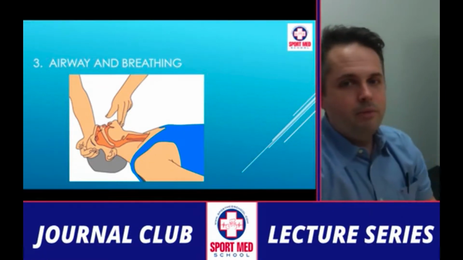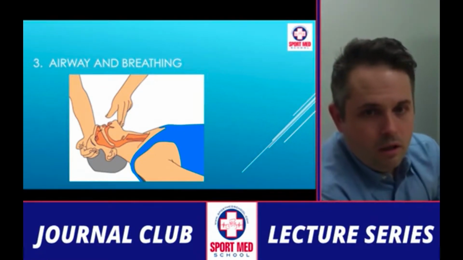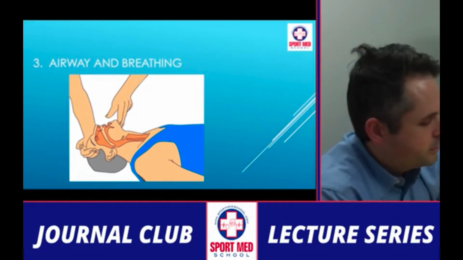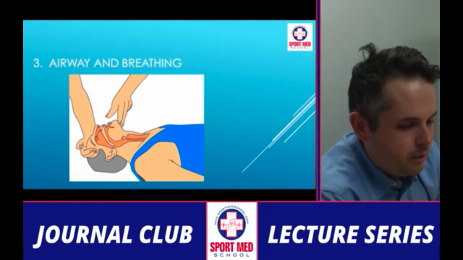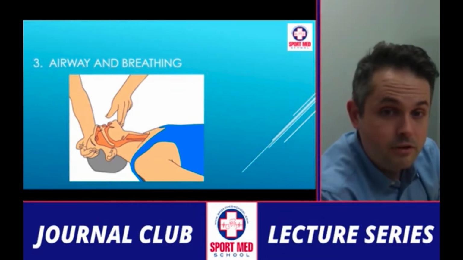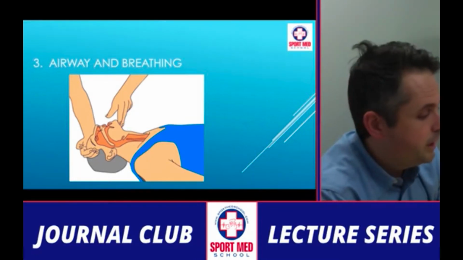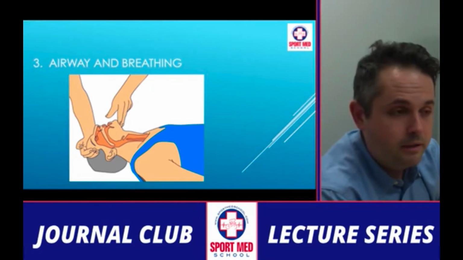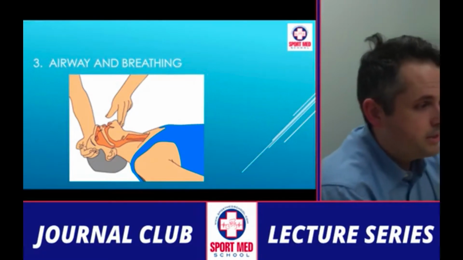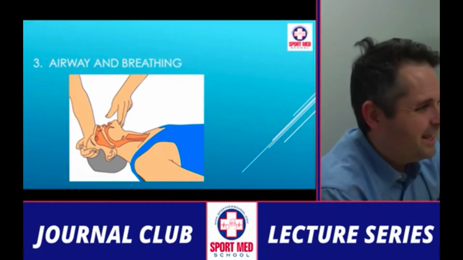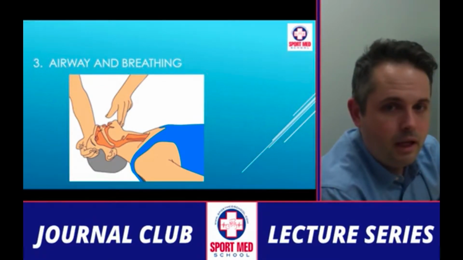So we're going to move on to airway and breathing. This diagram I find very effective for illustrating the point. Airway issues are one of the more scary emergencies, not just in the emergency department, but also in real life. So I always find it helpful when we're talking about these things to try and simplify it as best as possible, so that you can easily think through this in an emergency.